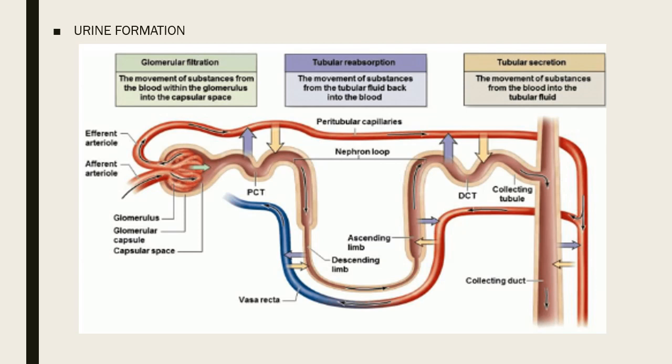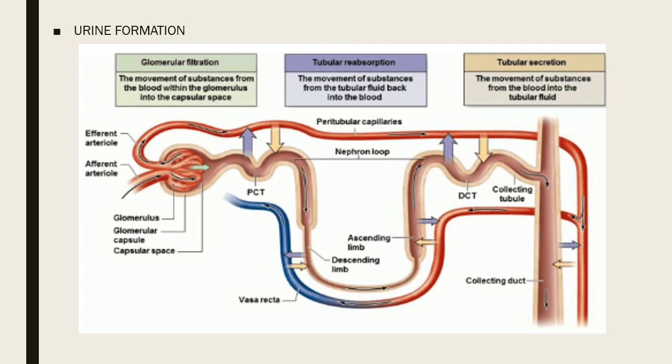And of course, the non-filterable ones like your cells and proteins will remain inside your capillaries and exit into your efferent arterioles. The filterable components will accumulate to form a glomerular filtrate in your Bowman's space, or capsular space.